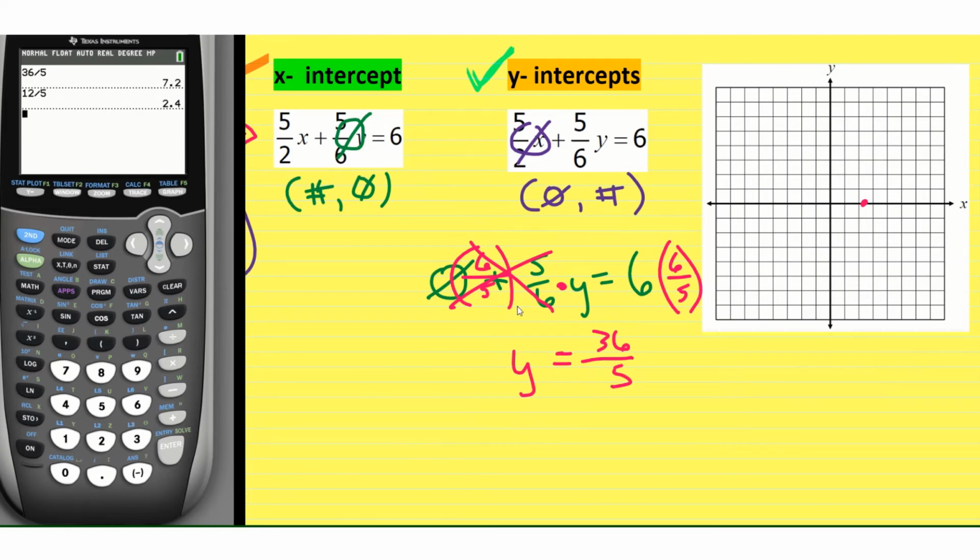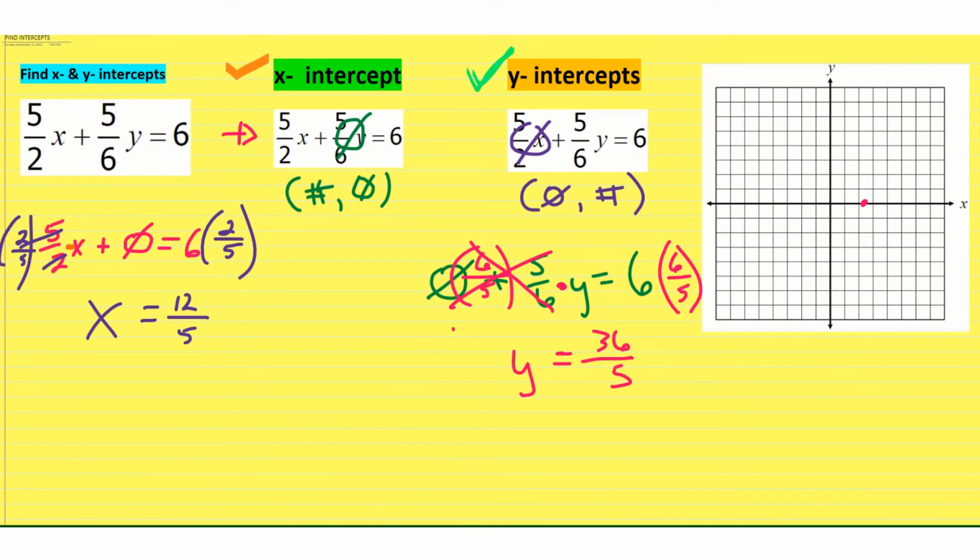So that is going to be, let's see, we said that this was, I didn't write this over here, that's actually equal to 2.4. That makes it easier for me to graph. And over here, this is going to be equal to, what did I say? 7.2. So y equal to 7.2. So 1, 2, 3, 4, 5, 6, 7.2, approximately right there.